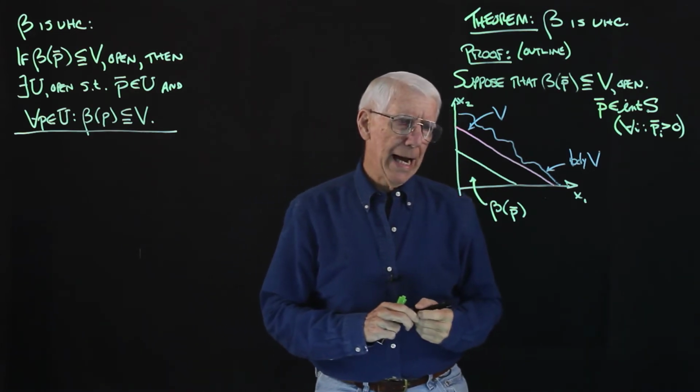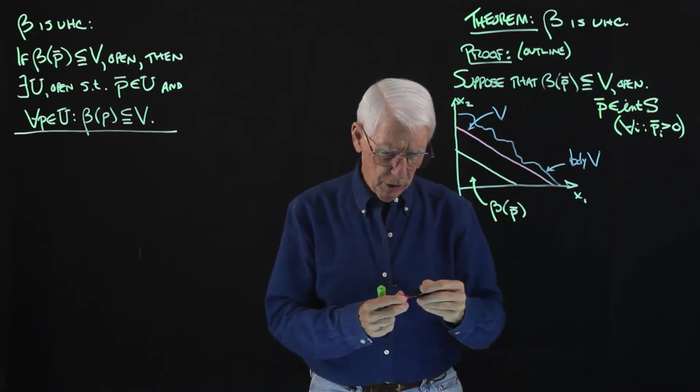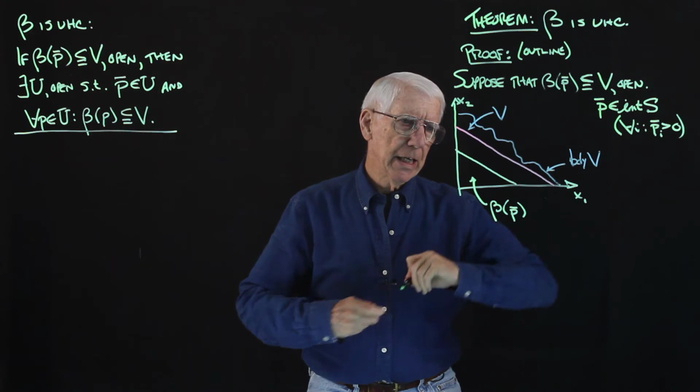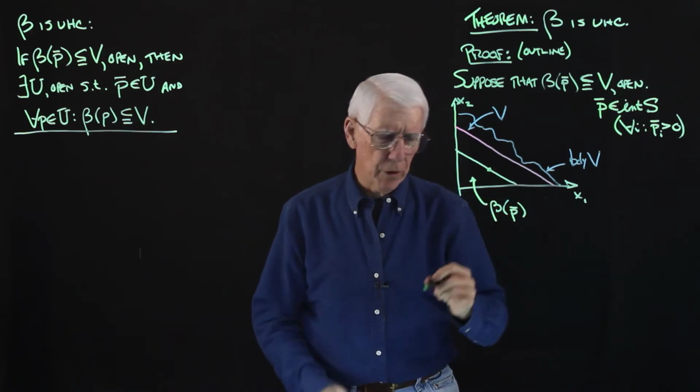Let's point out that you've said that the line's parallel. Let's suppose that this is the initial bundle. I've used a little square for that.